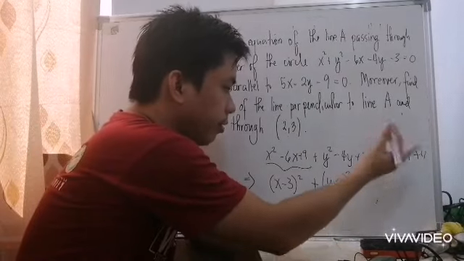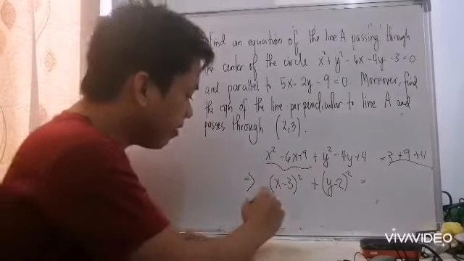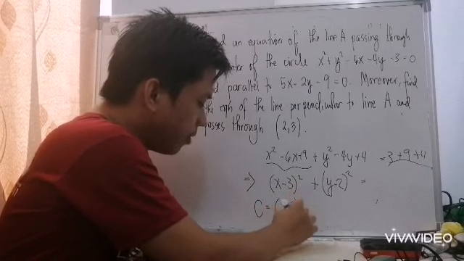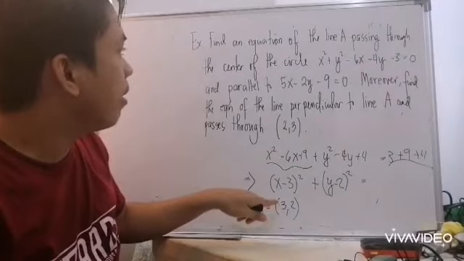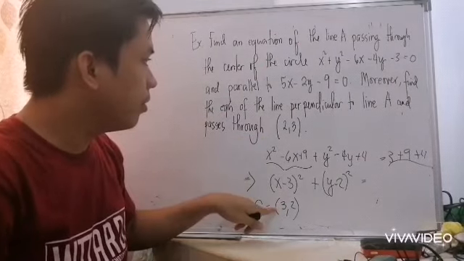And this is equal to, we don't care about that anymore. We only have to get the center. So the center here now is (3, 2). This is the point at which line A passes through.